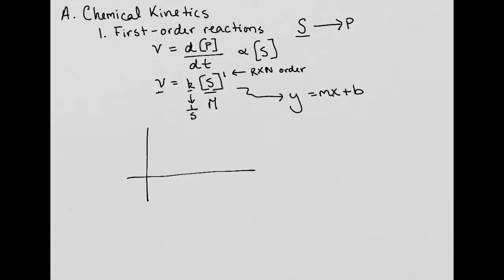So we could jot a graph down in which the y-axis is the velocity and the x-axis is the concentration of substrate, and we get a linear function where the intercept is 0 and our slope is equal to the rate constant. So we can recognize that the kinetic reaction order here is first order.